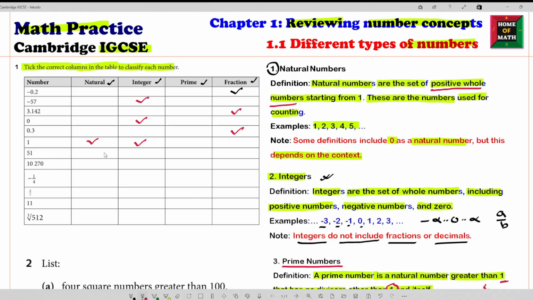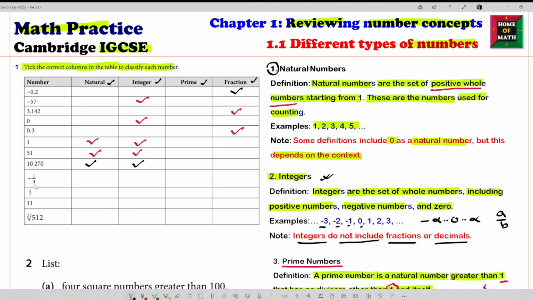51 is a natural number and an integer, but it is not a prime number. 10270 is obviously a natural number, and it is an integer.